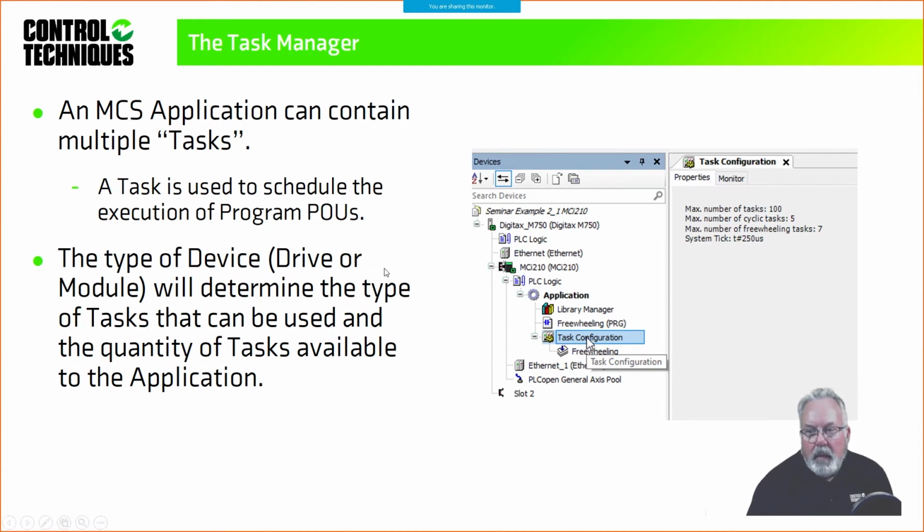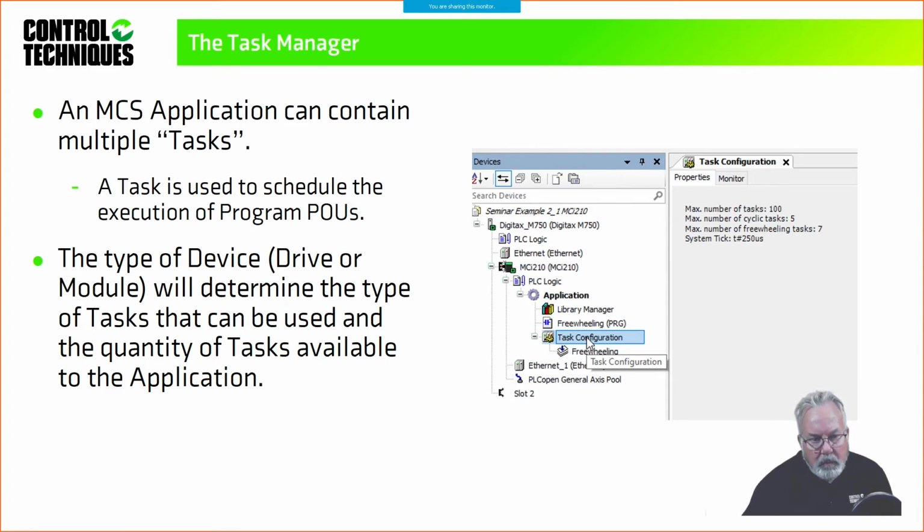All right, now the task manager. Okay, we looked at this a little bit yesterday, but an application can contain multiple tasks. And a task is used to schedule the execution of your program POUs. So the type of device, whether it's a drive or a module like our MCI 210 that I'm using today, is going to determine the type and the quantity of tasks that can be used for your application.